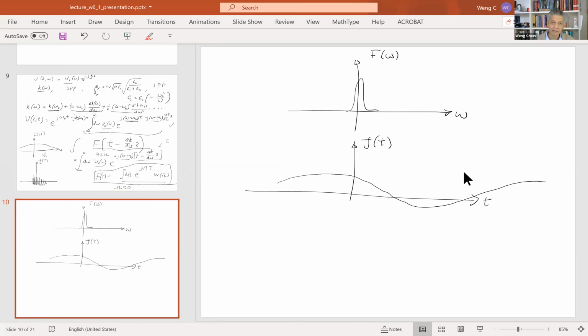Okay, because you are linearly superposing low frequency components. What is the Fourier transform integral? A Fourier transform integral is nothing but the sum of sinusoidal functions. Okay, sum over this, and then reconstitute the time domain function.